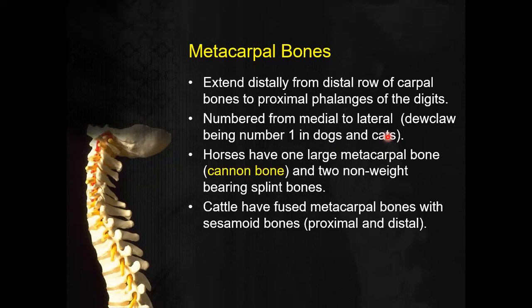I'm pointing it down. But this is how horses walk. And then they have these two support bones, which are remnants of the metacarpal 2 and 4, which are just there to help support.